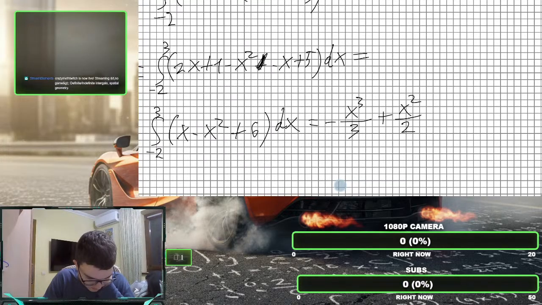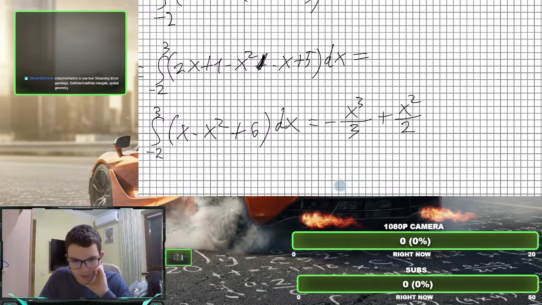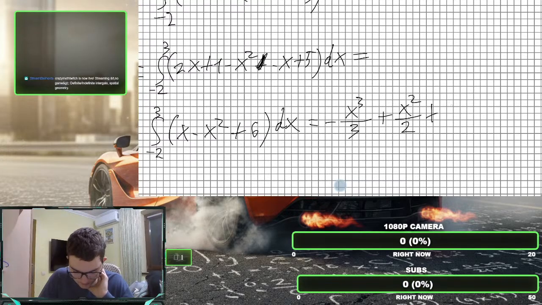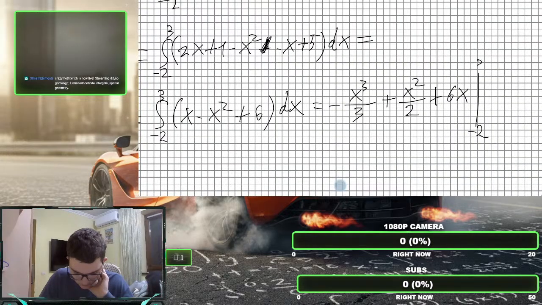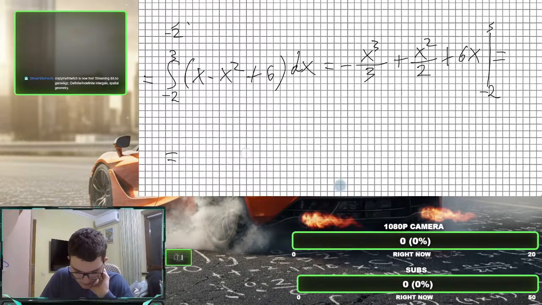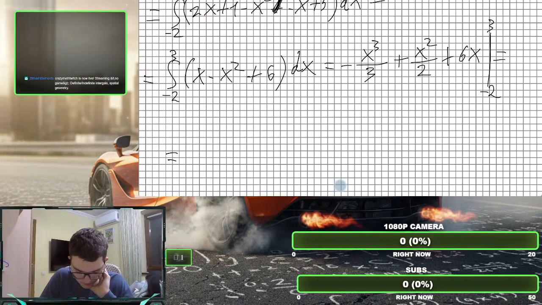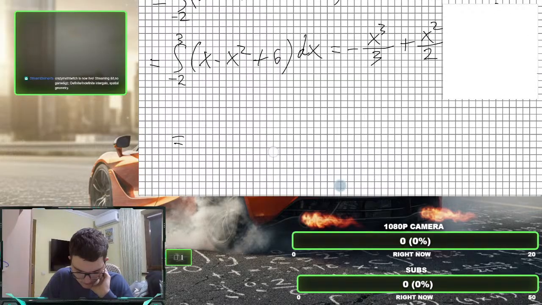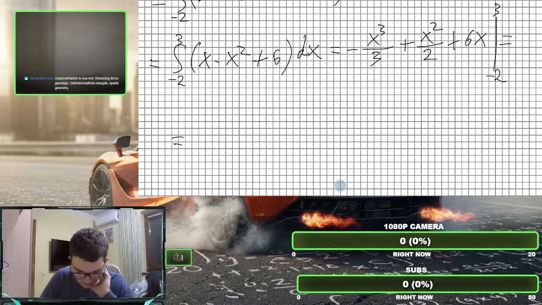Checking out this stuff here. Yeah, that's what it should be, plus 6x. And now we just do from minus 2 till 3. So after this you have minus 27 divided by 3, which is minus 9. There it's plus 9 divided by 2.